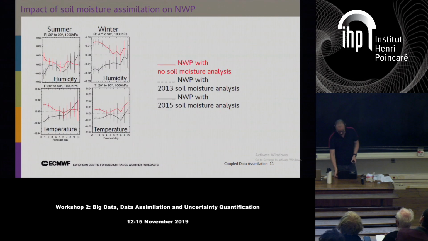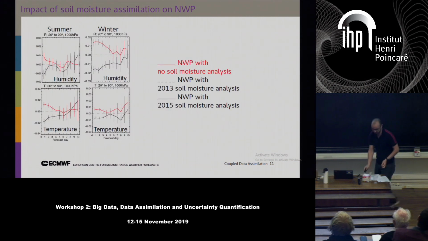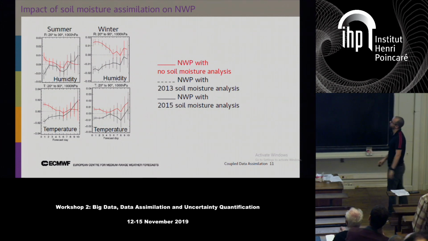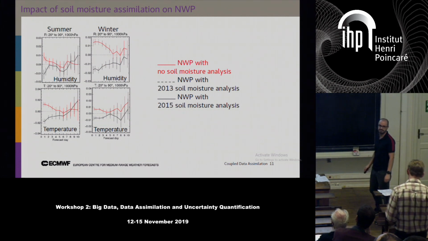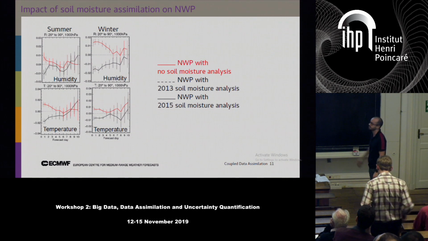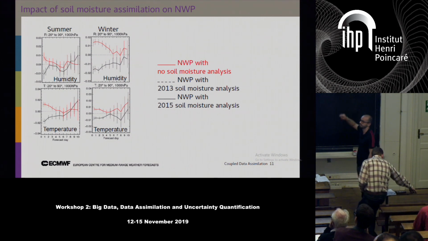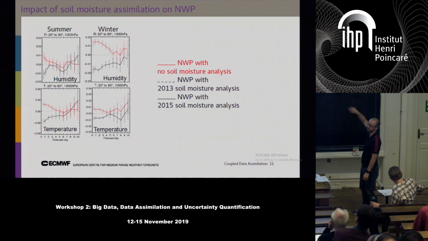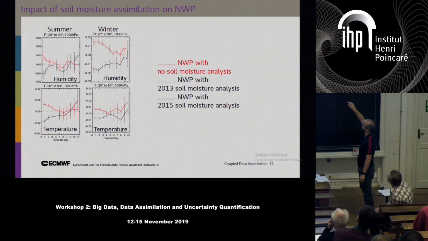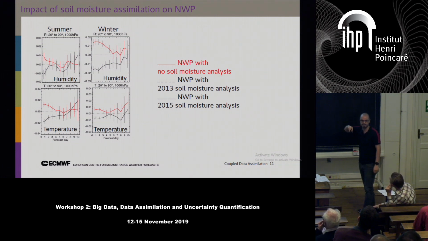Okay. So why do we want to do this? Basically, a soil moisture analysis gives us impact into our numerical weather forecast. So in red, what happens if we don't do any soil moisture analysis? Below 0 is good here. The 0 line is what happens if we do basically our original soil moisture analysis.